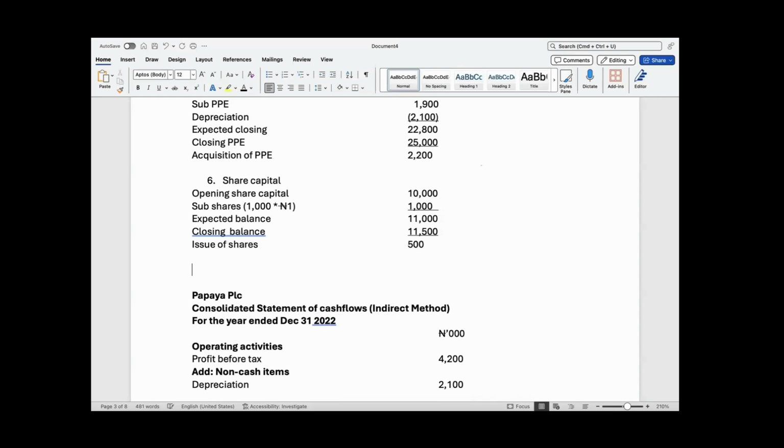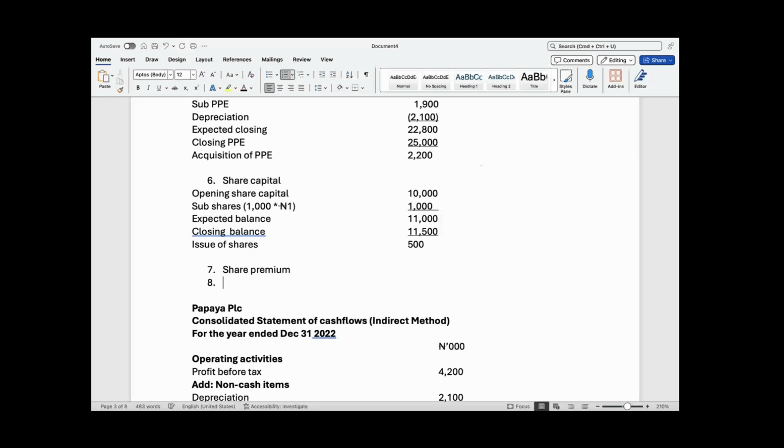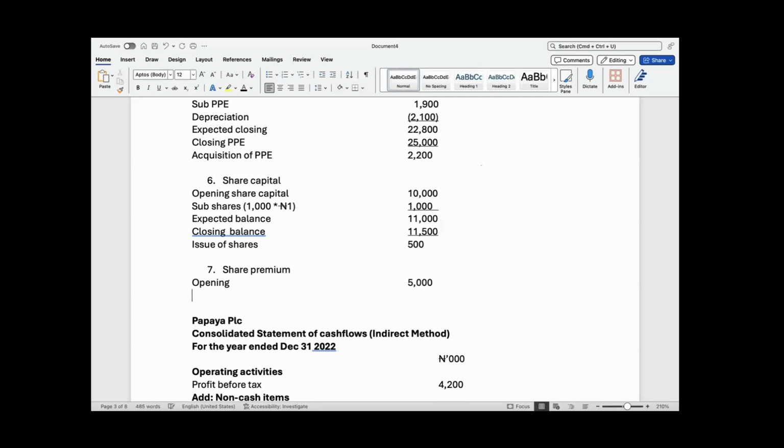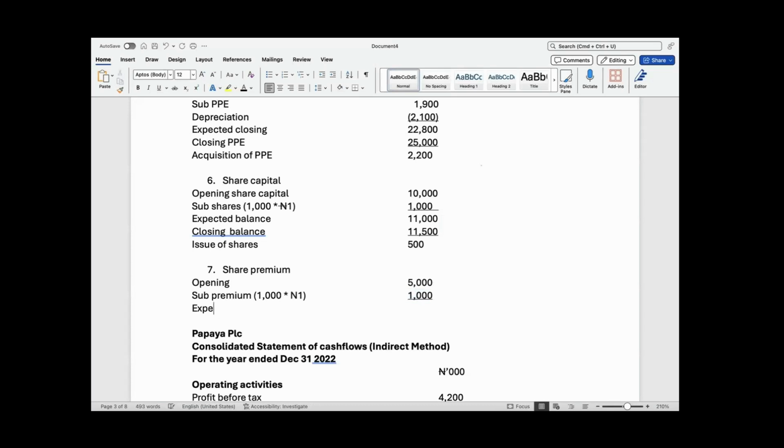Let's do the same thing for the share premium. What's the opening? 5,000. What's the subsidiary premium? 1,000 times 1 naira. That's the premium part of the 2 naira purchase consideration. 1,000, exactly. What's the expected balance? 6,000.